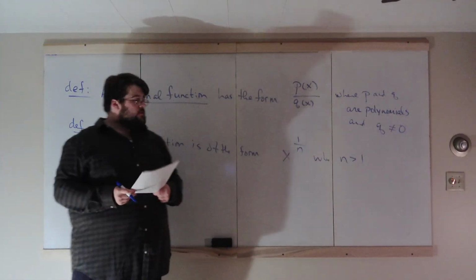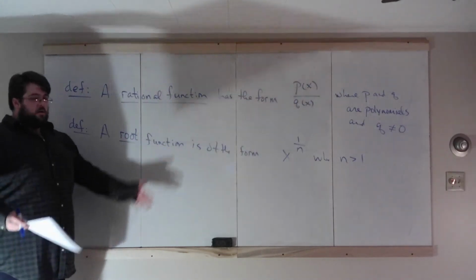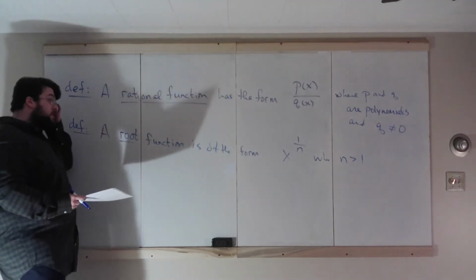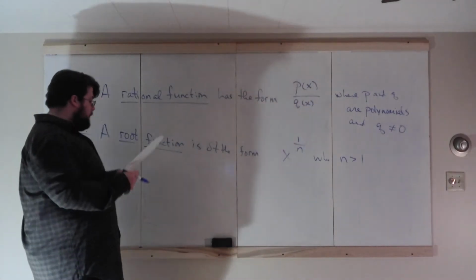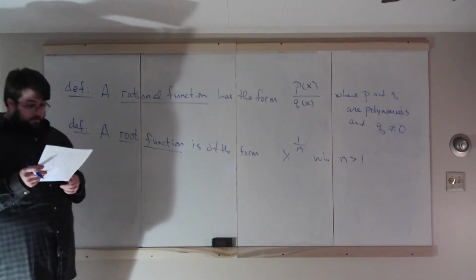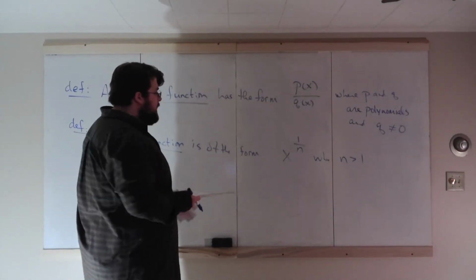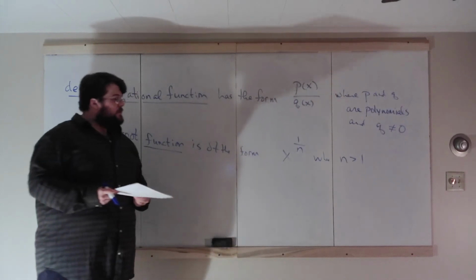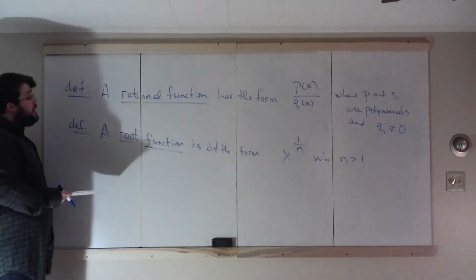A root function, so like x to the 1/5, x to the 1/2, x to the 1/3, and so on. They're all known as root functions. I mean, you could combine rational and root functions and create other functions. We'll do that at some point. We'll talk about domains of root functions a little as they show up. Well, we'll see. Not now.